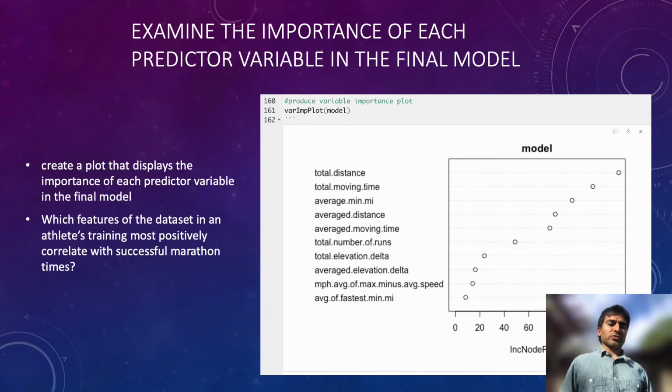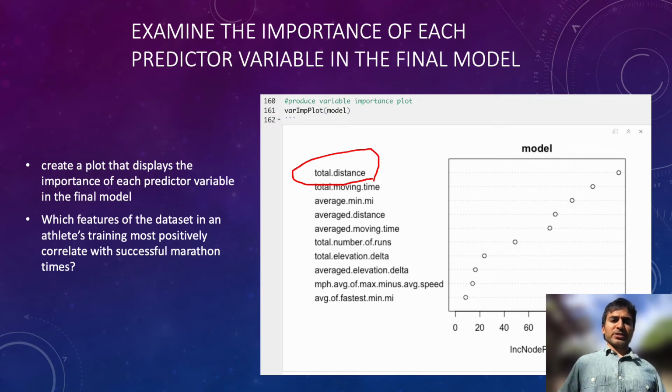So with random forest, we bootstrapped 500 individual trees, and from that we derived the most important attributes in predicting a marathon VDOT or marathon time. It seems to make sense, as total distance, or the more you run, typically the better you perform, and so that's reflected in these results. So it makes me feel better about the random forest model predictions versus the results from the multiple linear regression model.